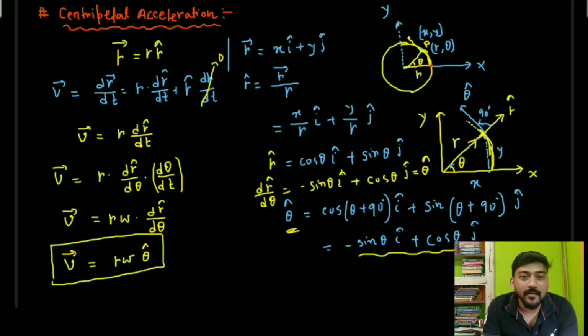Okay, now let me differentiate this equation again. If you differentiate v equal to r omega theta cap, you will get acceleration, because the derivative of velocity always gives you acceleration. We have v equal to r omega into theta cap.